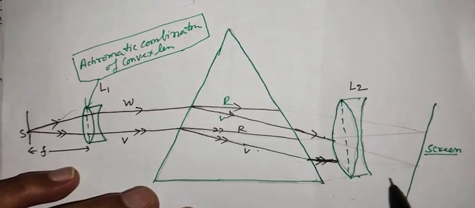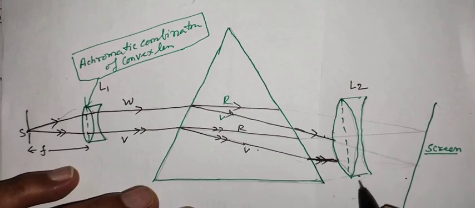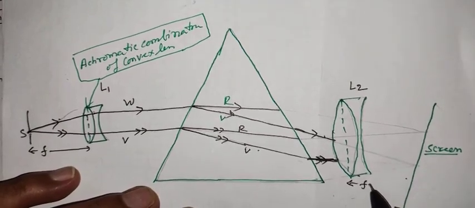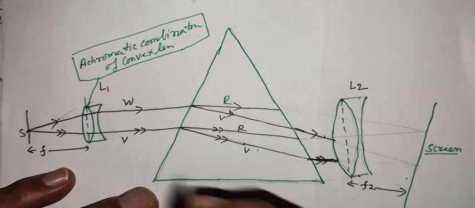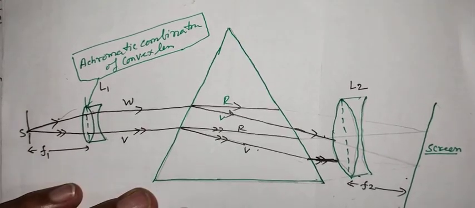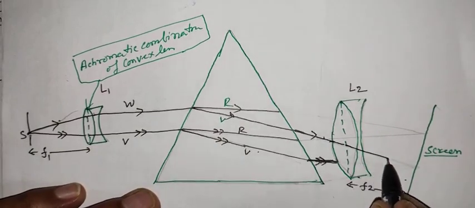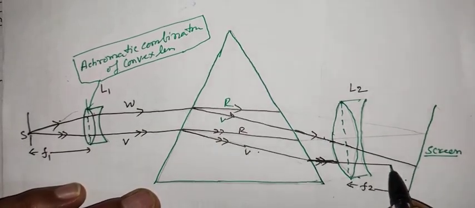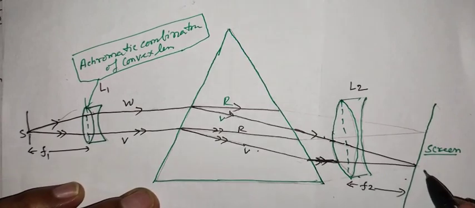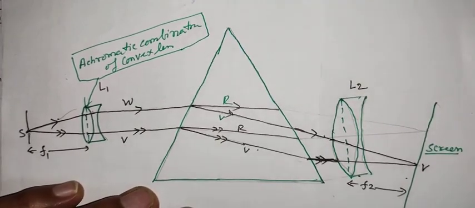The distance between the prism and the L2 lens is also kept equal to its focal length. Let its focal length be f1 and this f2. In that condition, all these violet rays meet at one point.